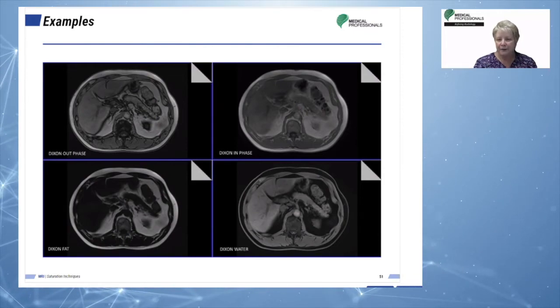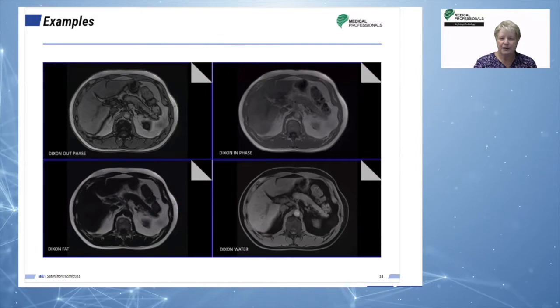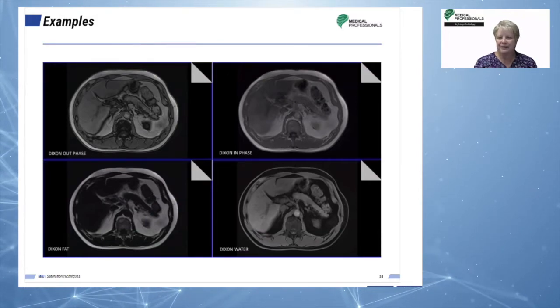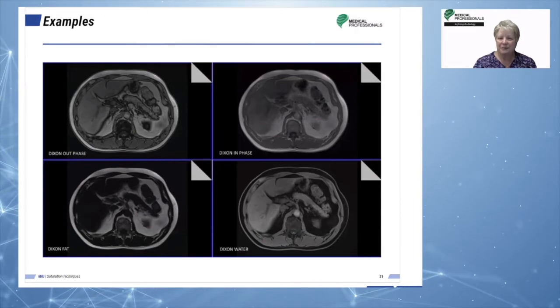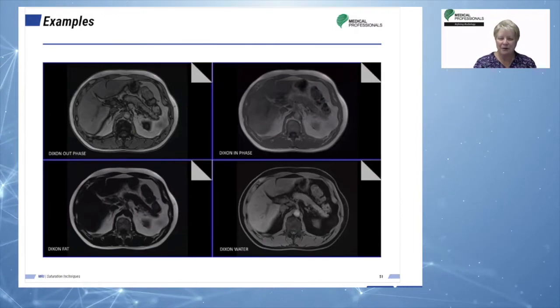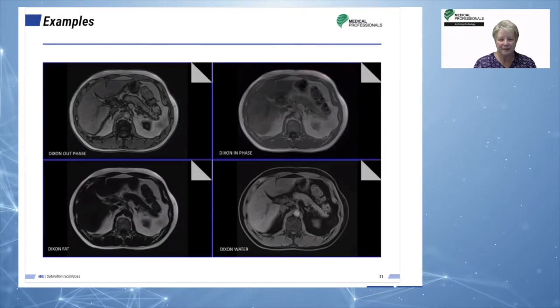And if you've done enough abdominal work, I'm sure you know what I'm talking about. First image, the first sequence, the patient takes in a nice deep breath. The next time, not quite so much. Next time, not quite so much. And every time you look at the images, the liver's in a different place.